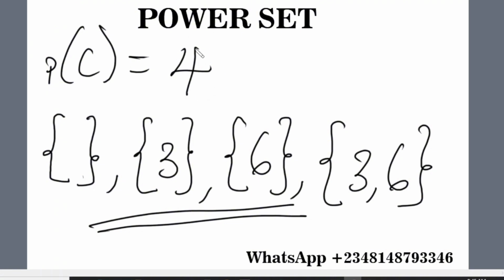But since the power set for C is 4, we have here 1, 2, 3, and 4. Empty set, each element in the set, and then both in twos, which makes it 4 sets.